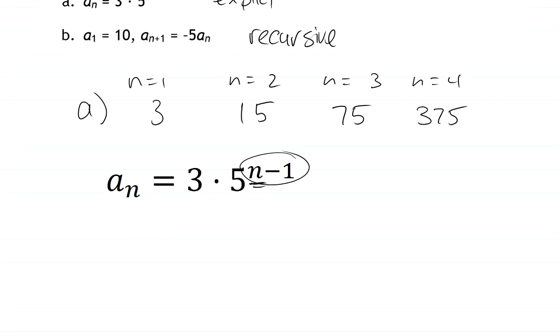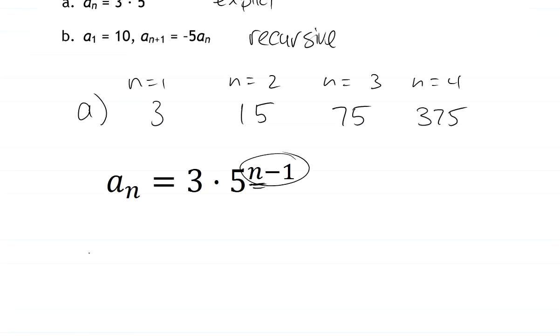What about this recursive definition? So remember, in a recursive definition, you have to be told where the sequence starts, and you also have to be told separately how to move forward in that sequence. And you can see this is telling me the first term in my sequence is 10, so I am starting at 10.